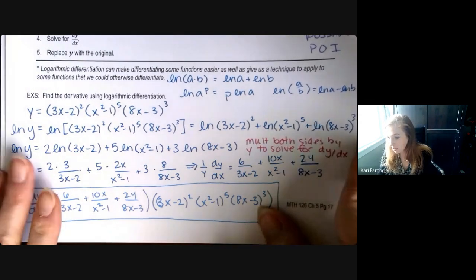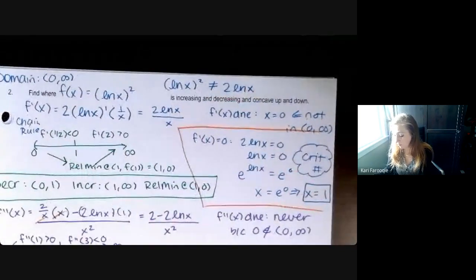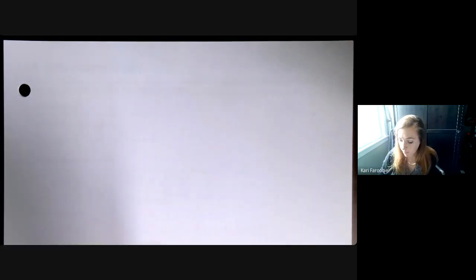Now, another place where this is going to come in handy for you is if you have a variable in the base and in the exponent. I have one last example for you here. That would be something like y equals x to the 3 minus x.